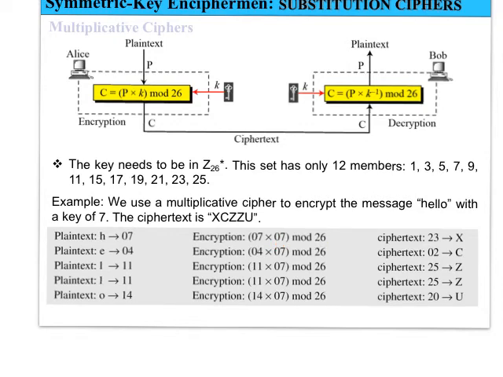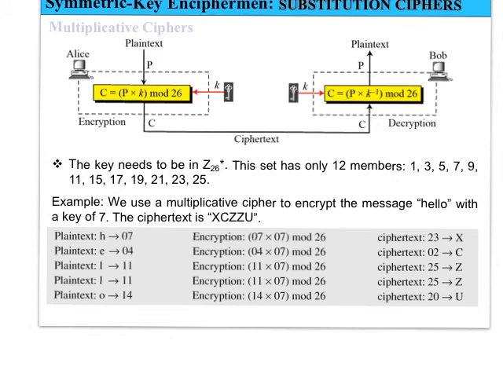Does anyone not know how to do the modulus? No. Okay, it's easy. It's the remainder of the division operation. So 49 modulus 26 is 23, because the division result is 1 and the remainder is 23. 23 corresponds to the letter X.